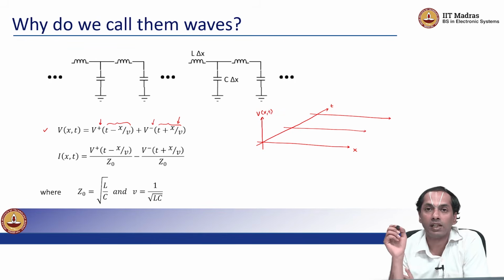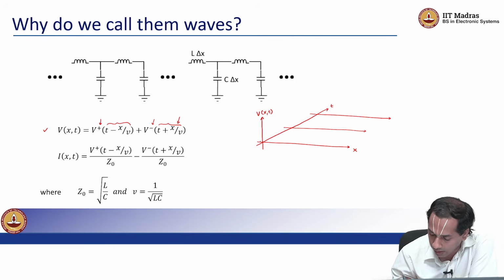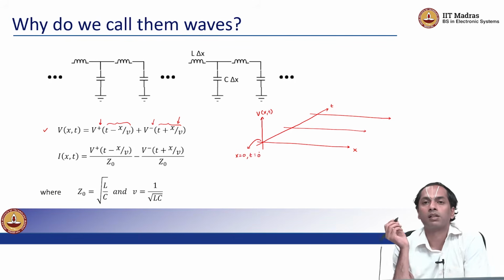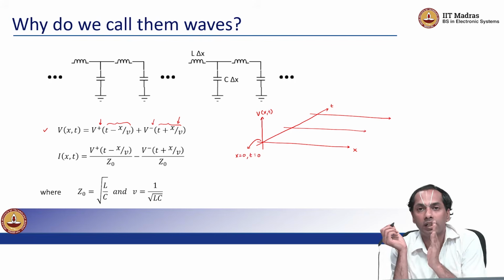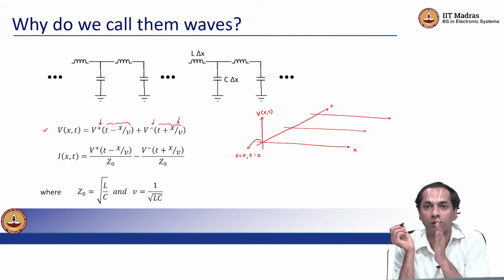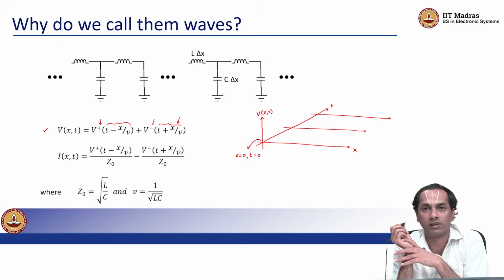So if I were to say that the voltage at, so this point here, let's call that x equals 0 and t equals 0. So at a particular location, which I call x equals 0 on the transmission line, I essentially measure the voltage at some time, and I set that time as t equals 0.